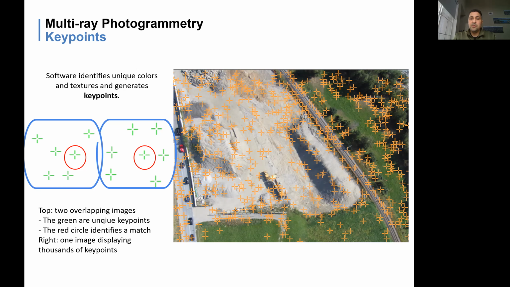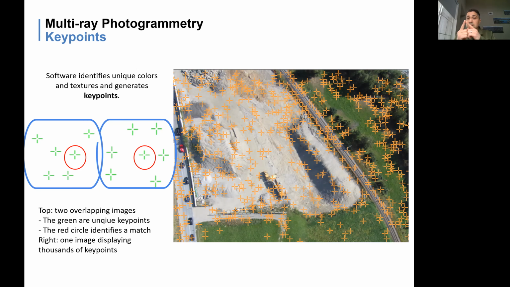What I wanted to show you here, imagine that these little orange crosses are our key points. As the software is identifying, this is just pattern recognition. It's looking through and trying to recognize where the unique colors are.